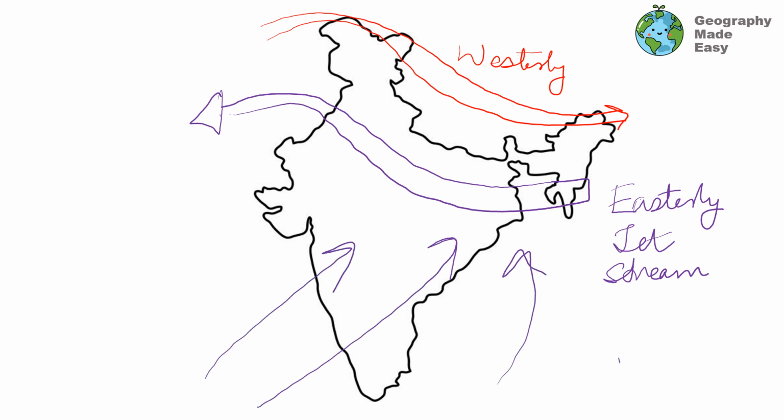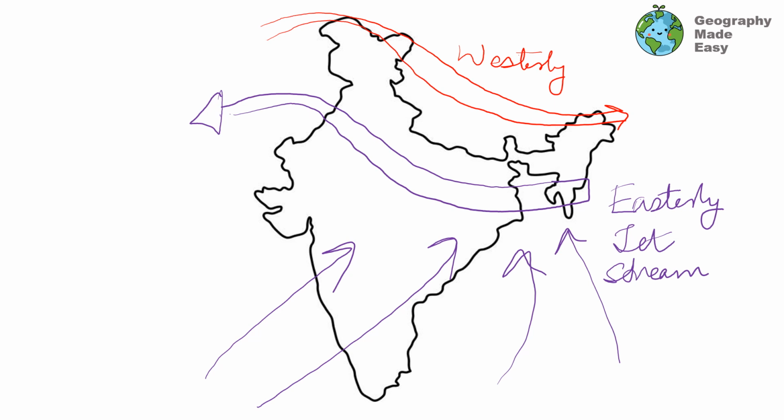This jet stream, or the upper air wind, actually attracts the surface wind into the Indian subcontinent. Now I'll just discuss how the upper air winds are related to the surface winds.